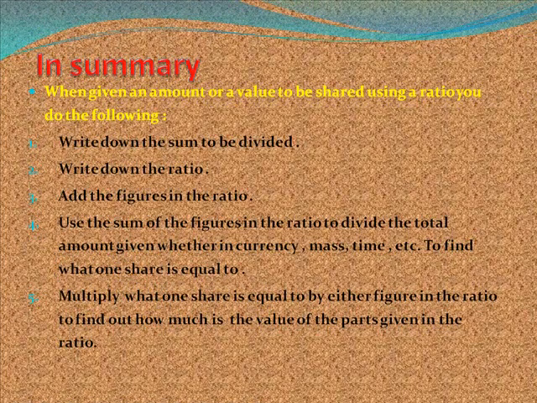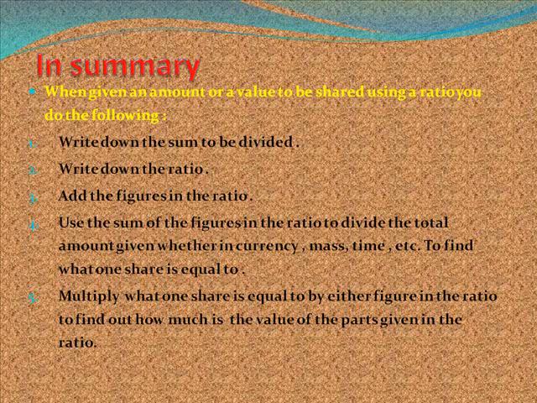In summary, when given an amount or a value to be shared using a ratio, you do the following. Number 1, write down the sum to be divided. Number 2, write down the ratio. Number 3, add the figures in the ratio.